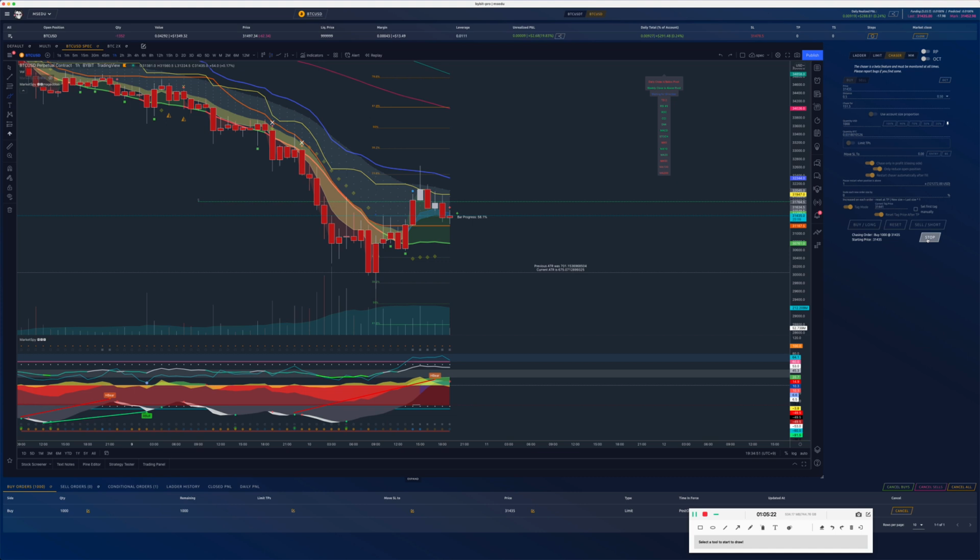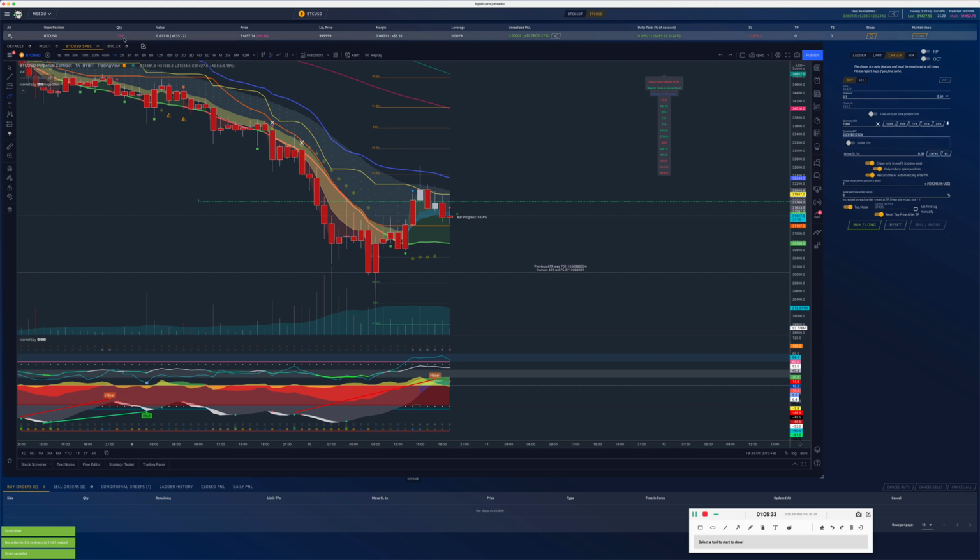Okay. The rest of it, highly unlikely that is going to continue falling based on what we see here. So this minus 352 contracts, we don't care about it. We're just going to leave it here, and we have the break even set, and so we don't care. Our goal for the day to make 0.24 of the account, a quarter of 1%, is great.